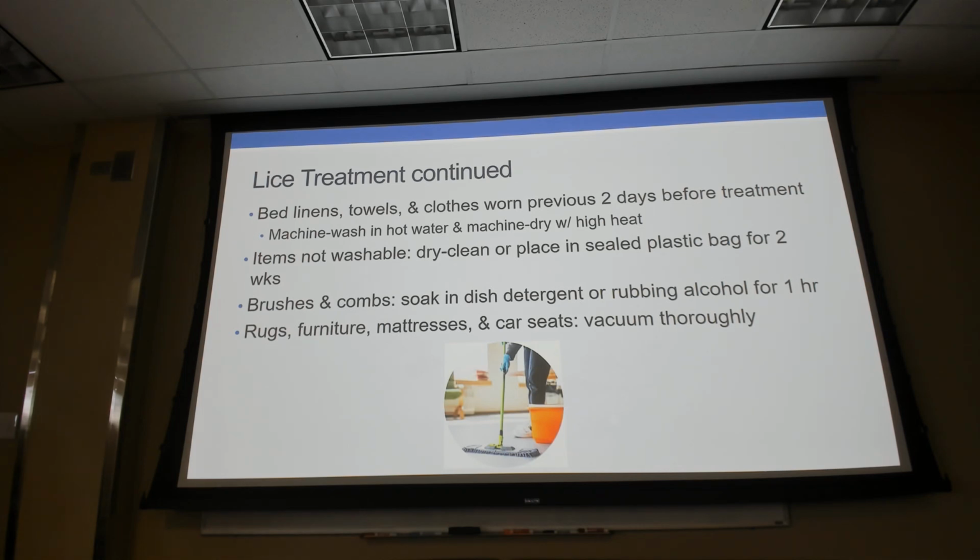Same stuff: bath towels, linens, get rid of that. Washing, and then this is where I differ from the guidelines. You practice how you want. They say take your brushes, combs, soak them in detergent or rubbing alcohol for 1 hour. I say get new ones. So up to you how you practice. I have taught you the guidelines.